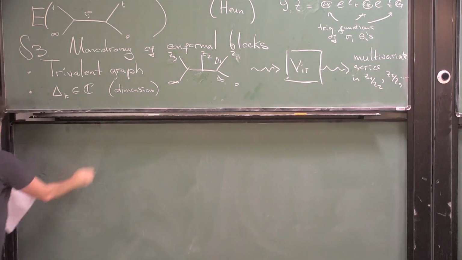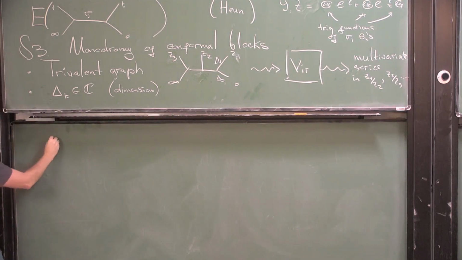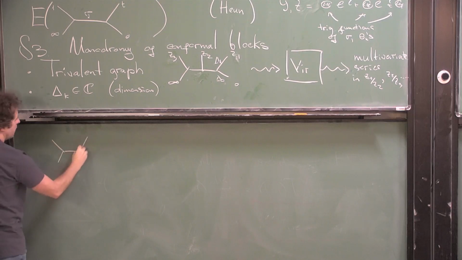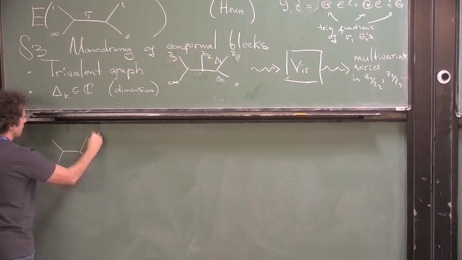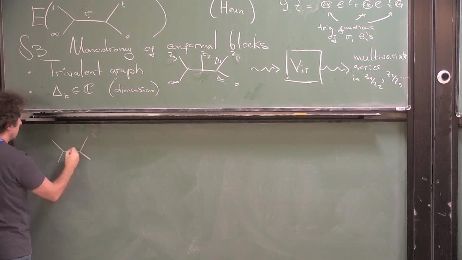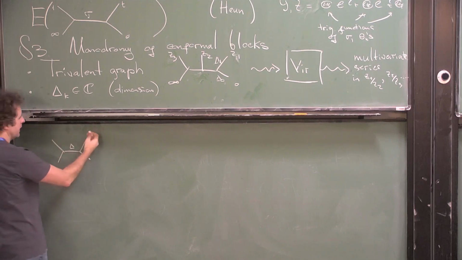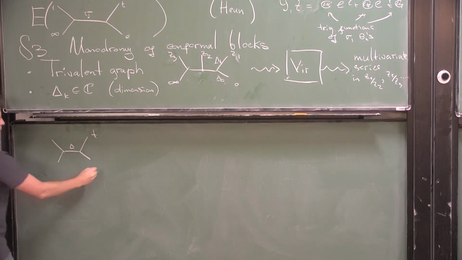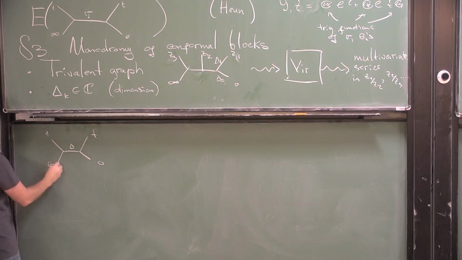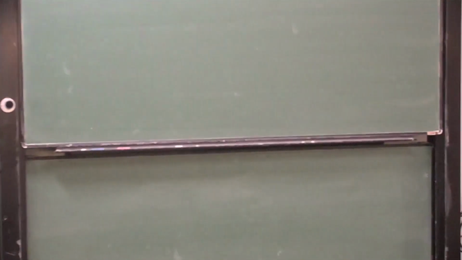So suppose that you have, first of all, a 4-point conformal block with delta over here, some other deltas attached to external edges. So the singular points will be put exactly as before.